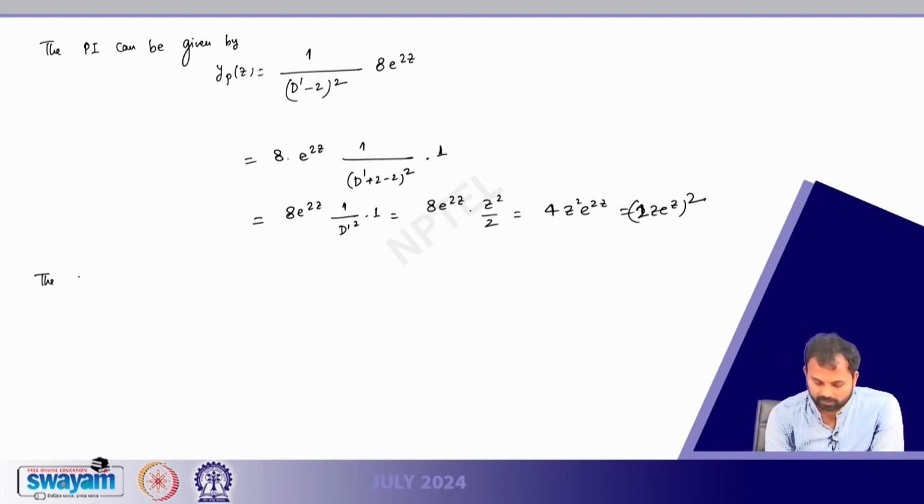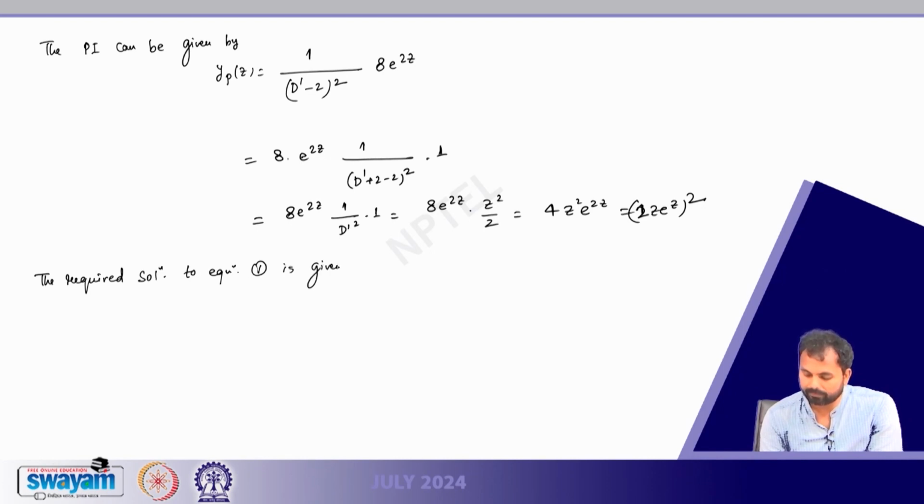Therefore, the required solution to equation 1 is given by y(x) equals yc(x) plus yp(x).